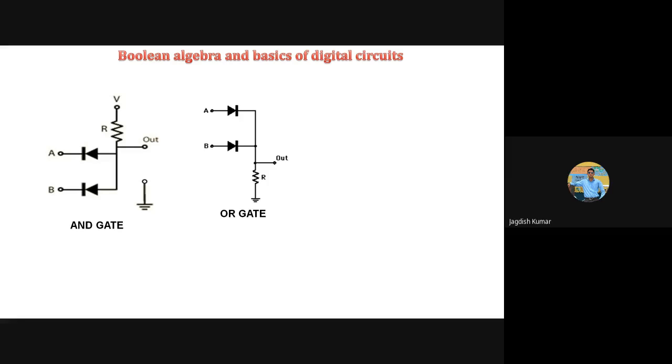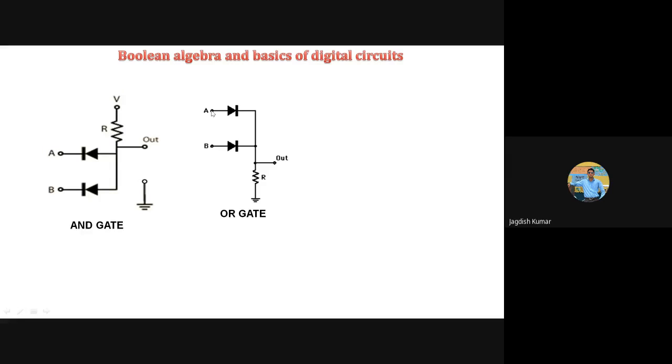Is it clear? Can you understand how this circuit of two diodes is acting like an OR gate? Is there any question? Yes, please type your questions if any. The operation is very simple.